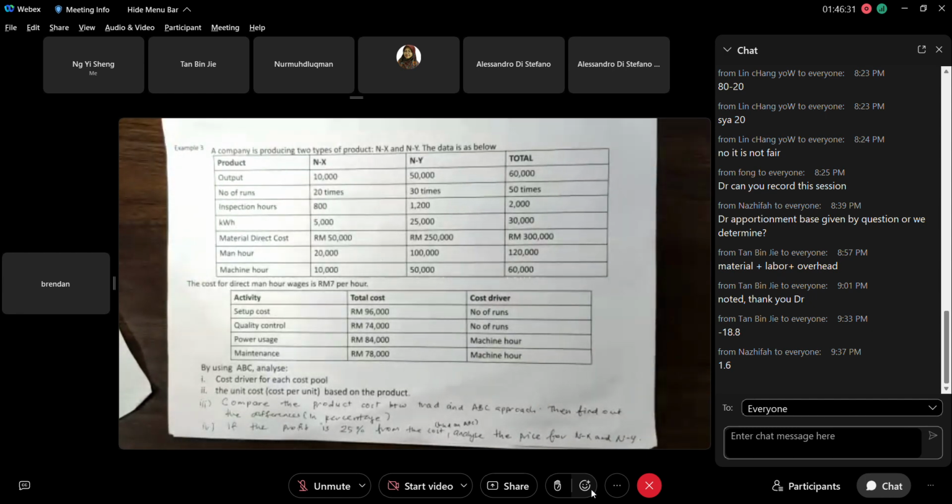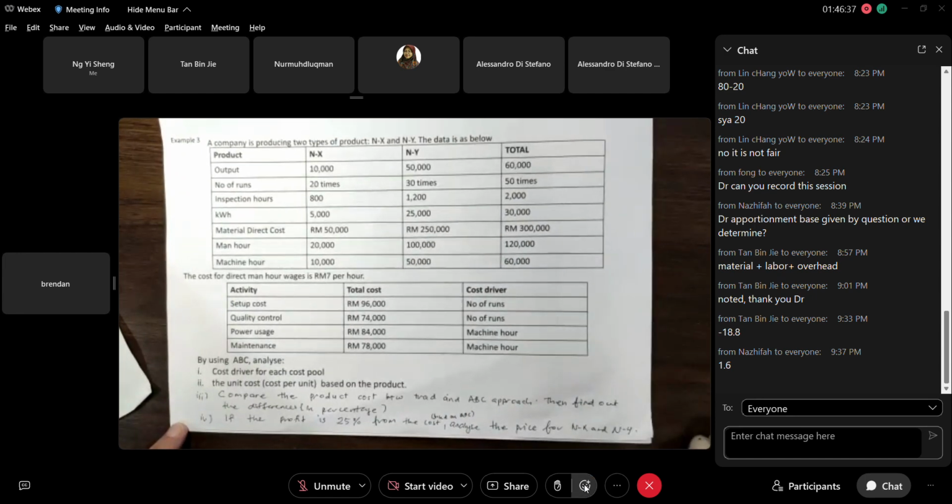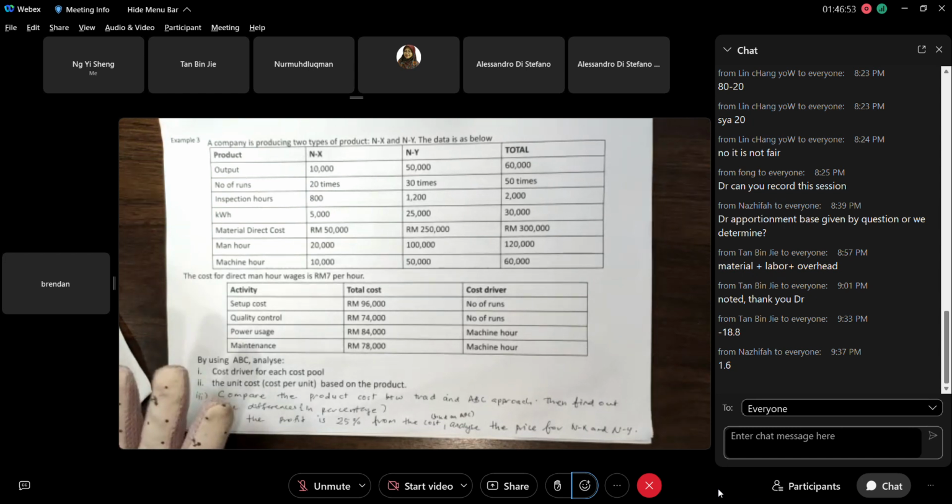Okay. Can you hear me? Okay, you take the picture here and then, okay, try to solve the problem. Give you 10 minutes, cukup tak? This question is simple compared to yang tadi.